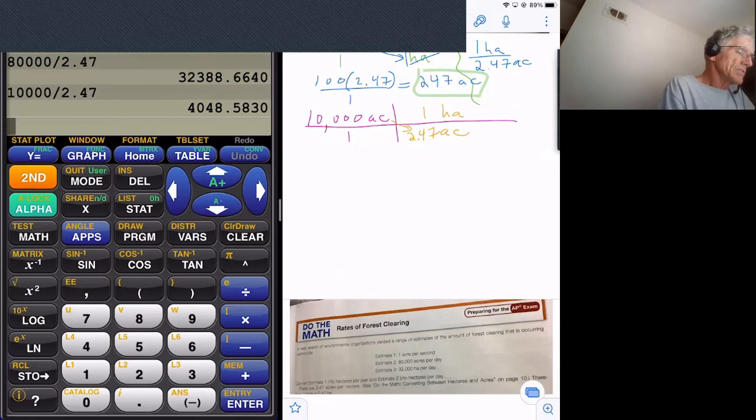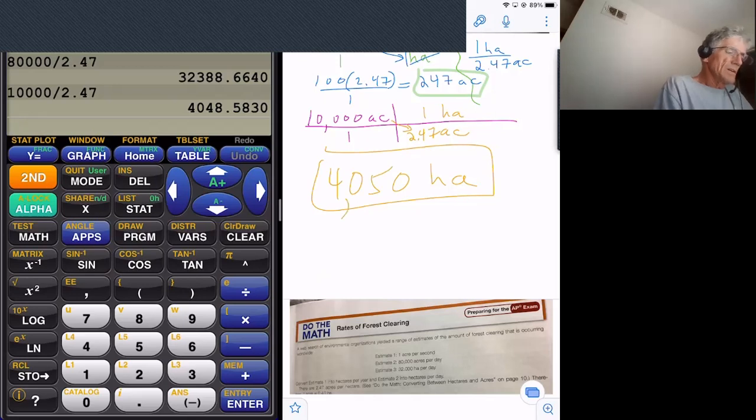So my answer is 4048, but the 5 makes the 8 go up. Well, I want 3 sig digs, so how about 405? Oops, 4050 hectares. Okay, so that's my answer. The acres canceled out, leaving hectares.